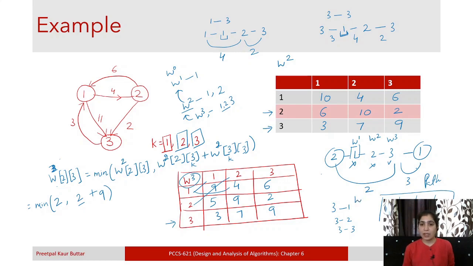When you are considering W1, what is the path? When you are considering W2, what is the path through which you are getting a particular distance? Similarly for W3 also record the path. So in W3 you will also get the shortest paths, right?